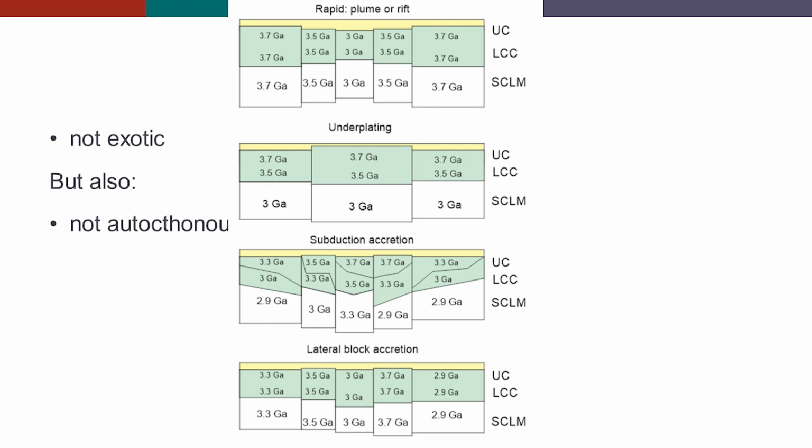And in terms of underplating, I think it's the other way around. We're tending to find older rocks in the lower continental crust rather than younger rocks. So really it is a combination of number 1 and 3, but how we do that through time and space is yet to be determined.